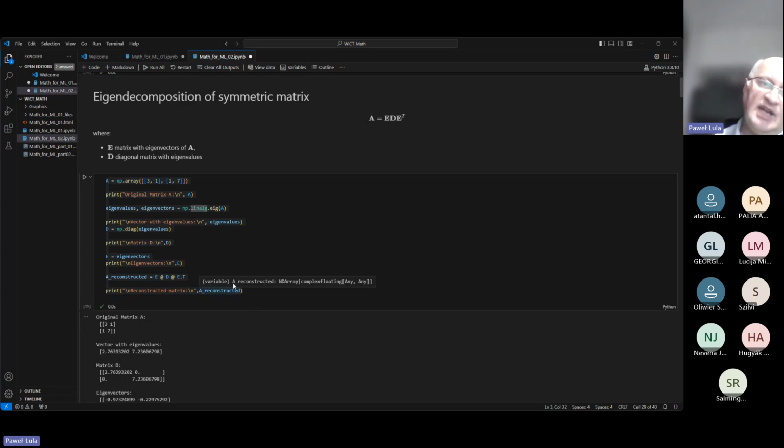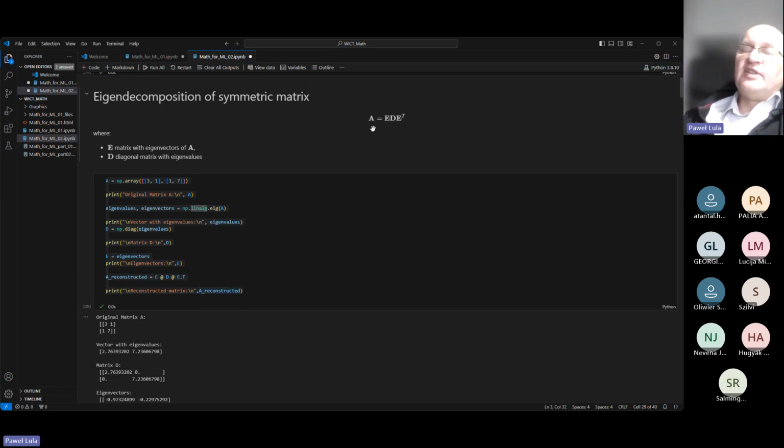Of course, in other types of decomposition, we can also decompose matrices which are not symmetric. But here, eigendecomposition, the decomposition in which we use eigenvectors, is limited only to this type of matrices. But it will be enough for our application.